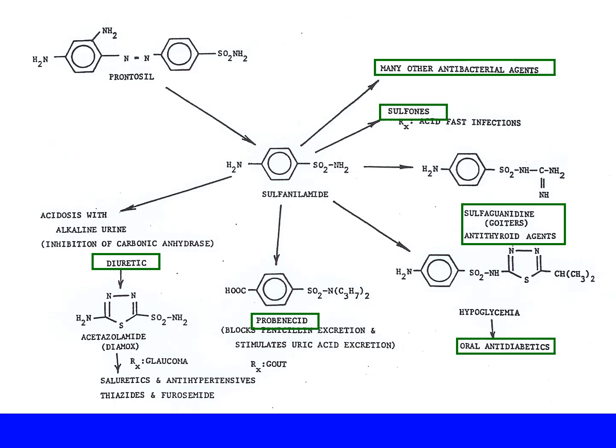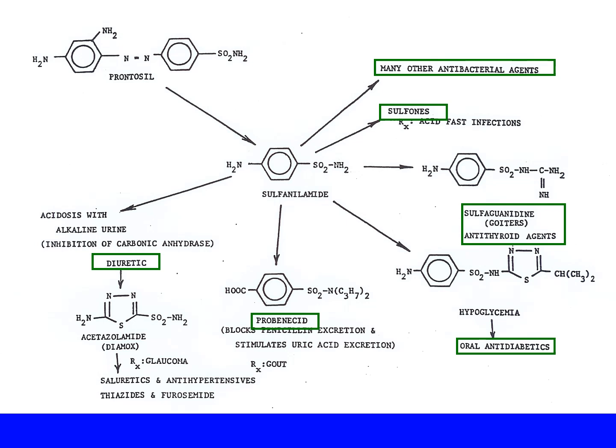This slide looks busy, but it's okay because there's a point that I want to make. So we started with Prontosil and now we have sulfanilamide, and it turns out that sulfanilamide actually was a very useful starting point to synthesize other drugs of different classes. For instance, we also have several sulfa antibacterial agents, and we also have some antivirals.